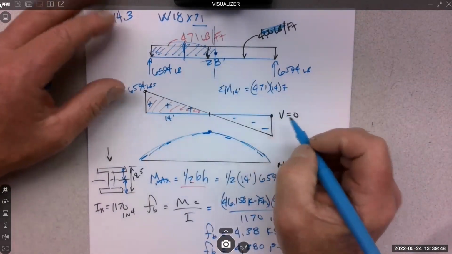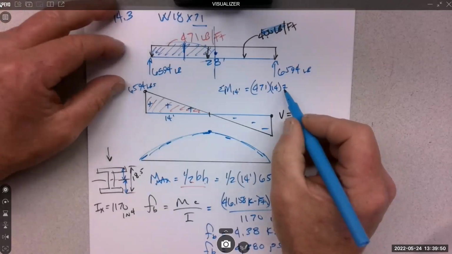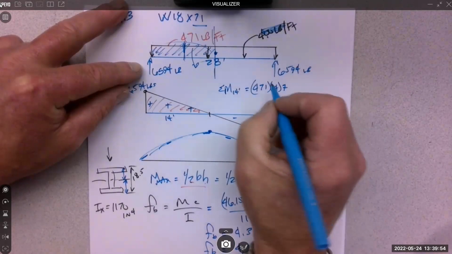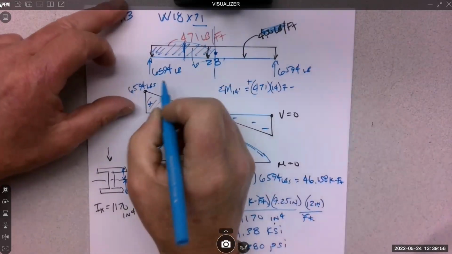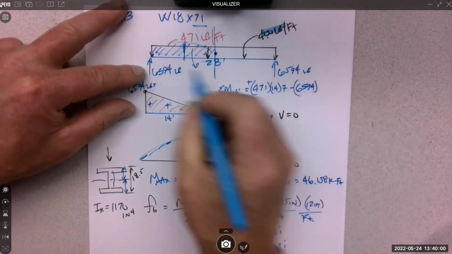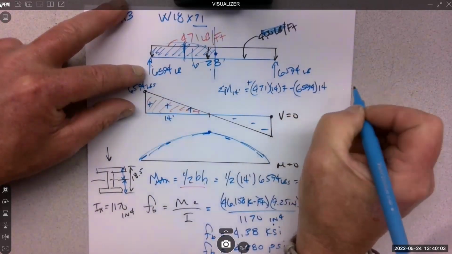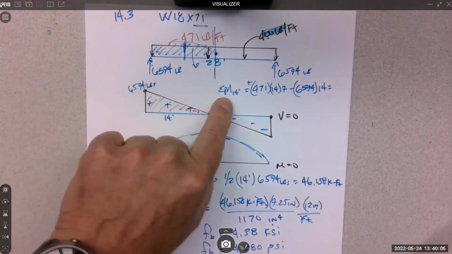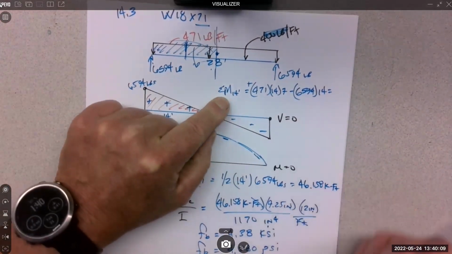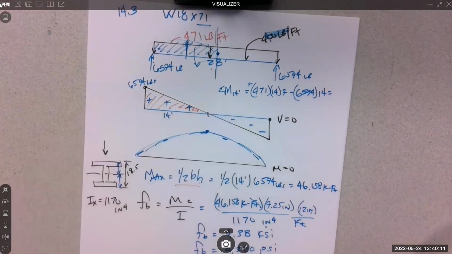You do to calculate, yep, to calculate a moment. And that is going this way, which is positive, and then I have to subtract the 6,594 times its distance of 14. That'll give me the moment at 14 feet. Gives me the beam moment. I have to flip it to get the internal resisting moment.